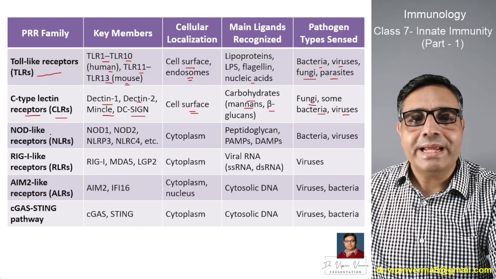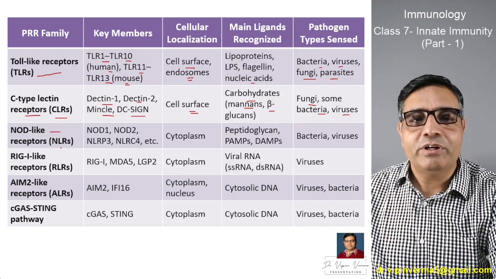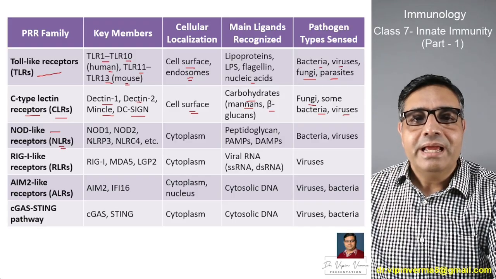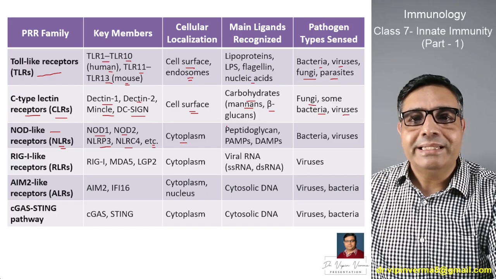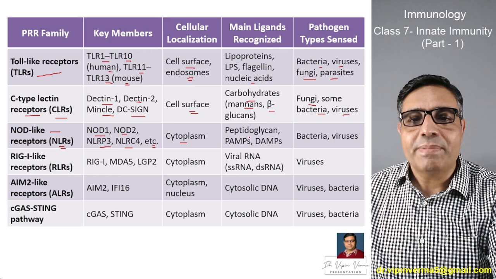Then we have the NOD-like receptors as a third family. We call them NLRs, and the key members are NOD1, NOD2, NLRP3, NLRC4, etc. Their localization is the cytoplasm, and their main ligands are peptidoglycans, PAMs, and DAMs. The pathogens they sense are bacteria or viruses.